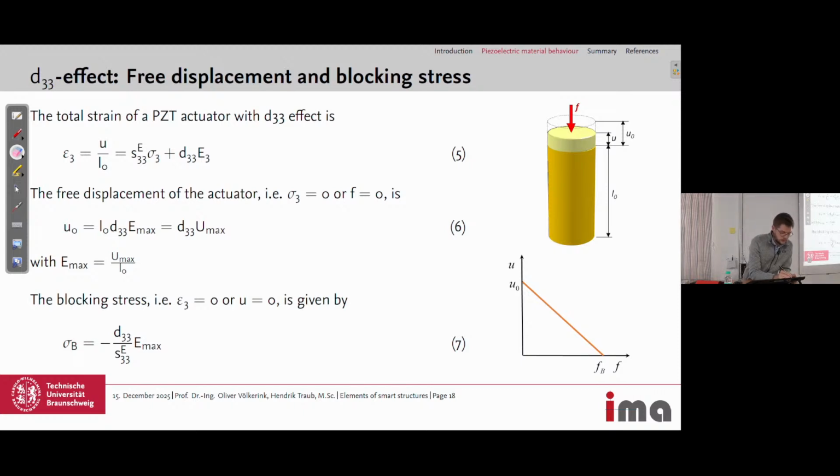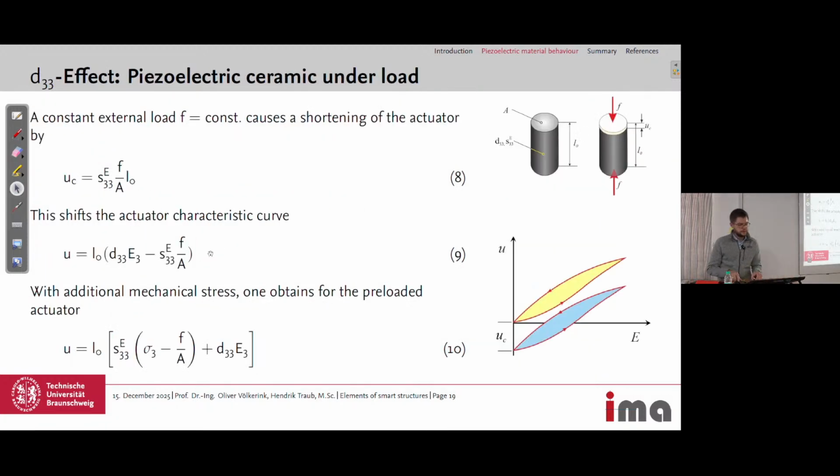So, on to next slide. Now we could also have an external load, or preload or pre-stress. We assume that we have a constant external load, F is constant, which causes a shortening of the actuator.